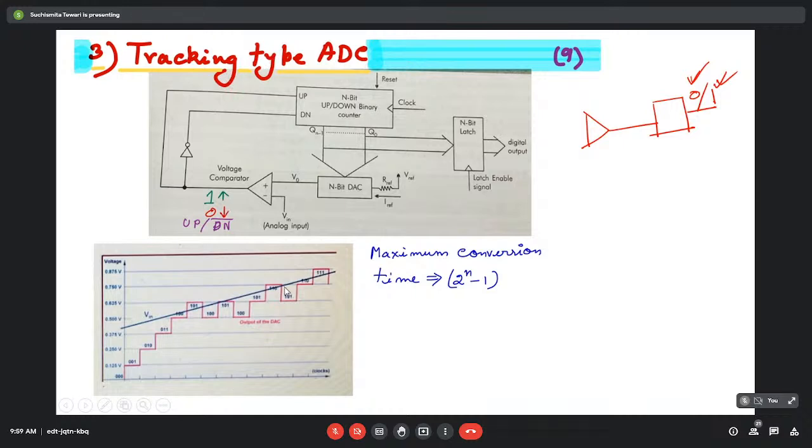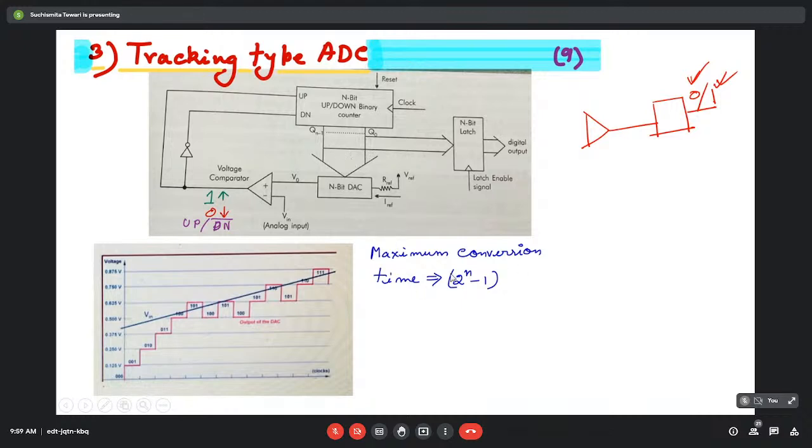But here also, the maximum conversion time, or the maximum number of clock pulses, will remain 2 to the power n minus 1. Why 2 to the power n minus 1? Because for the first time, if we want to detect it, it might cross this value at the maximum count of this particular counter.